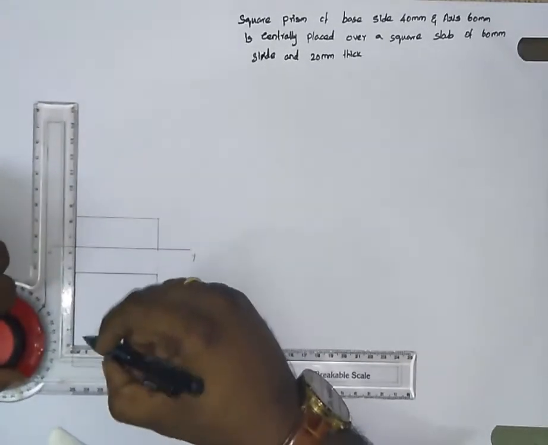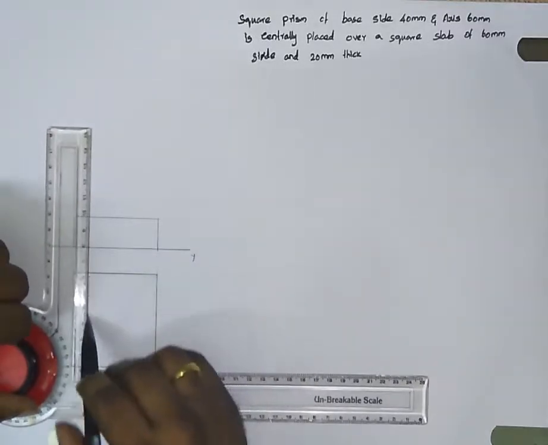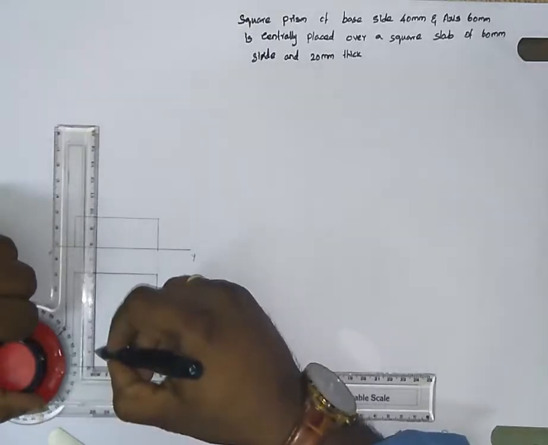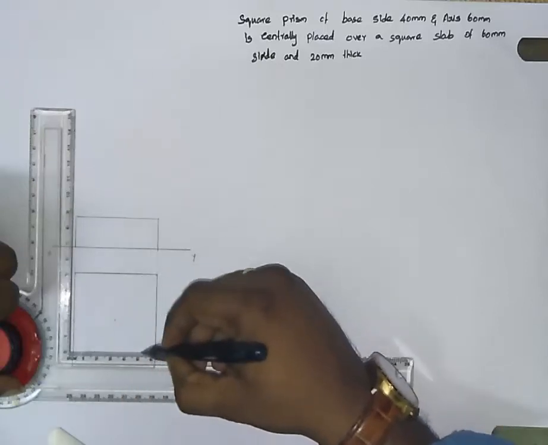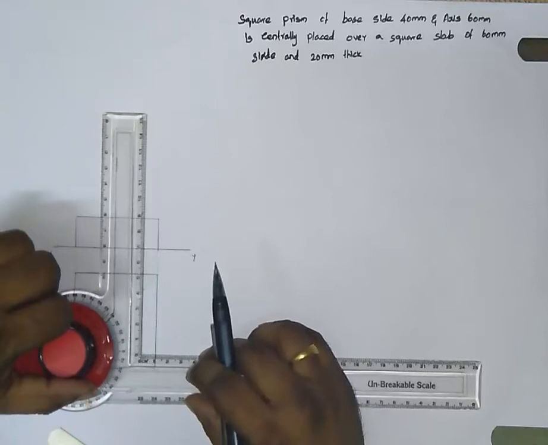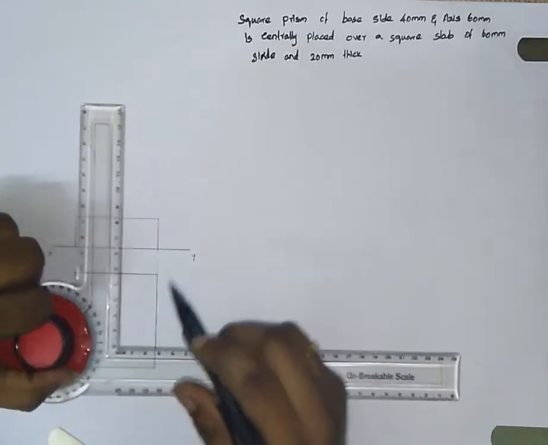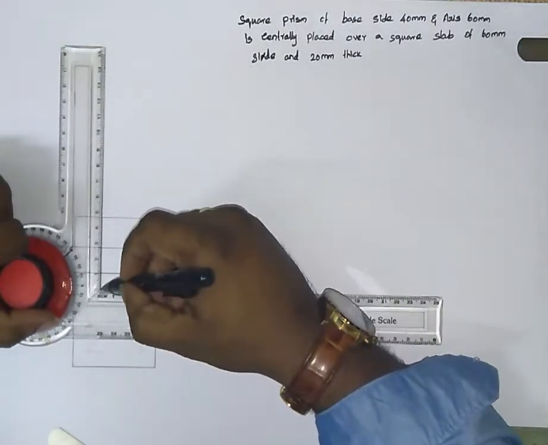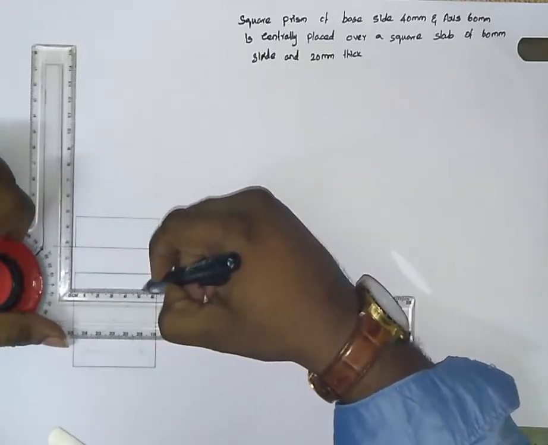From this line, at a distance of 10 mm, just draw a vertical line like this. Similarly, from the bottom line at a distance of 10 mm, draw a line like this, and then from this line at a distance of 10 mm, draw a line like this, and then at a distance of 10 mm from the top line, draw a line like this.